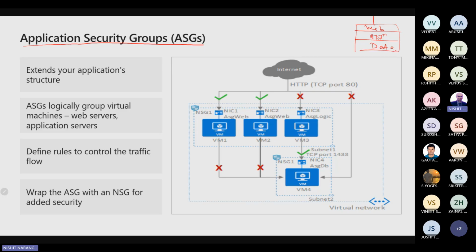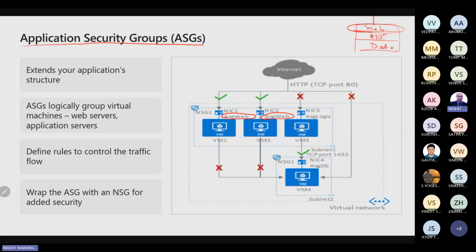VM1 and VM2 is running the web tier of my web application. So I can put VM1 and VM2 into an application security group, and I can call it ASG Web, Application Security Group Web, kind of highlighting that these two VMs are actually running my web tier as part of my web application.